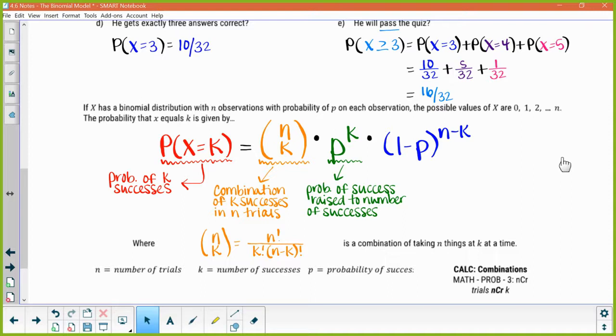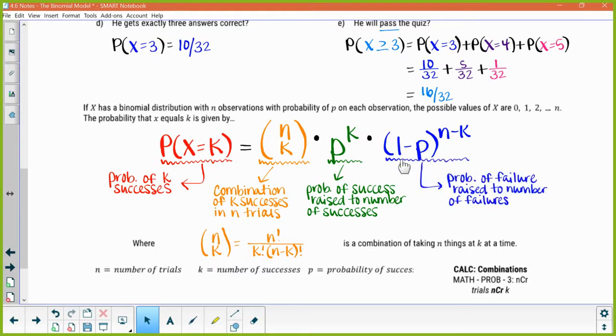If I want to see 3 successes, I would take my probability and multiply it times itself 3 times. Now, again, we have to also think of, okay, I wanted 3 successes. Potentially that meant if my n was 5, I had 2 failures.